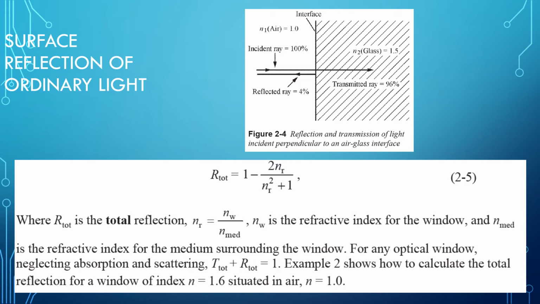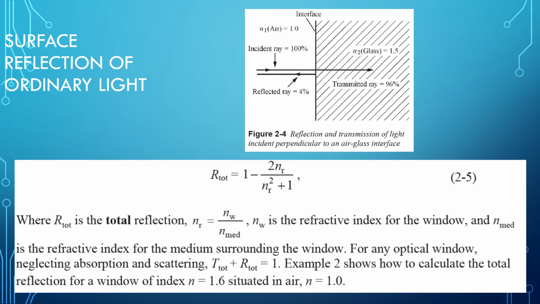And that equation is R total is equal to 1 minus 2 NR divided by NR squared plus 1, where R total is the total reflection, and NR is equal to NW over N of the medium.